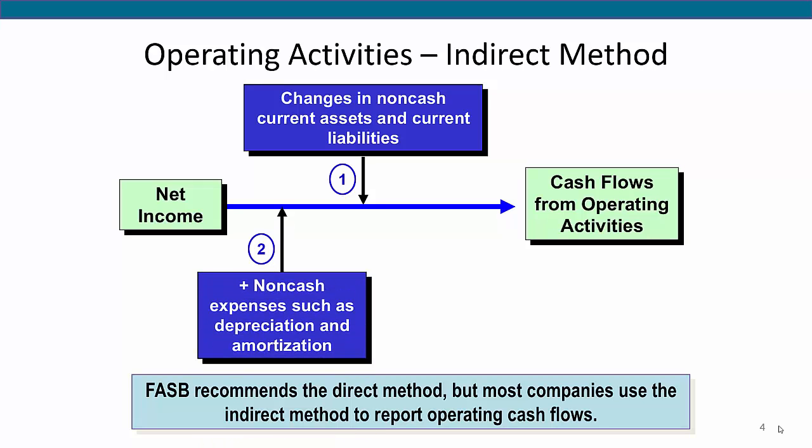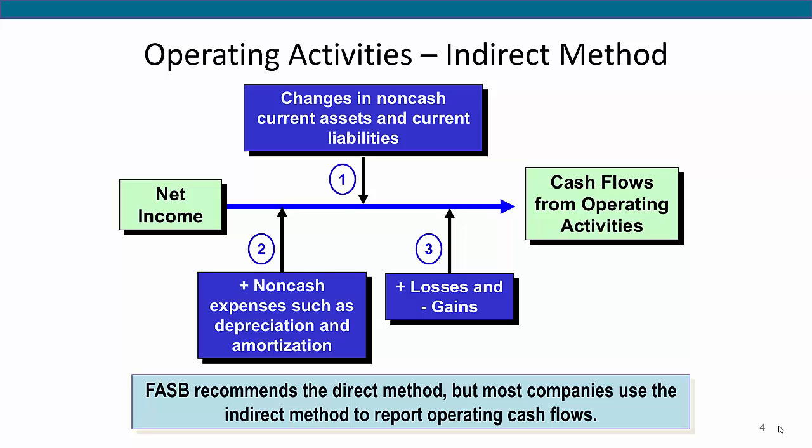The second type of adjustment involves adding back non-cash items such as depreciation and amortization on the statement of cash flows. This basically cancels out the fact that they were originally subtracted to arrive at net income. Since these items do not represent cash outlays, we wouldn't want to include them in the statement of cash flows.